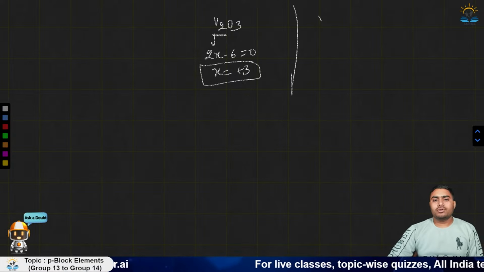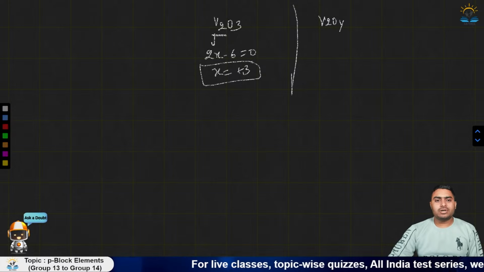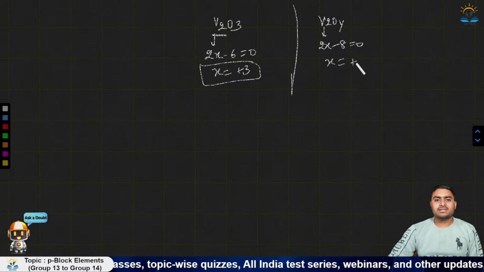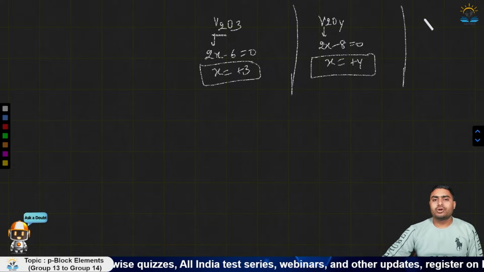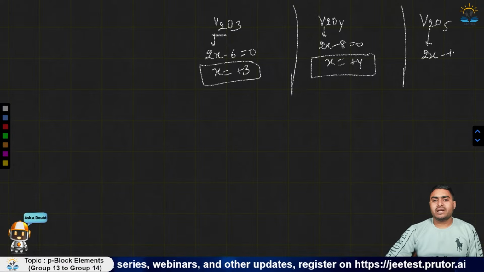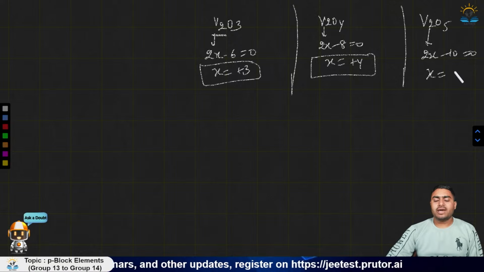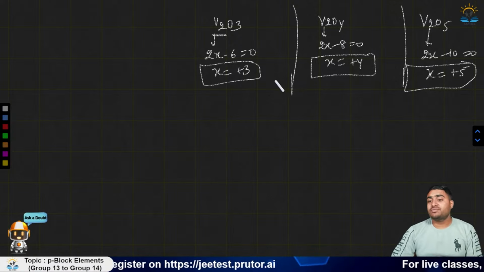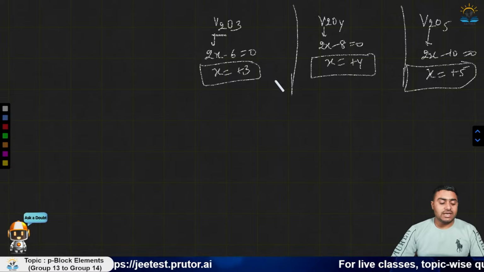For V2O4, 2X - 8 equal to 0, X comes out to be +4. For V2O5, 2X - 10 equal to 0, X comes out to be +5, right? So +3, +4, +5, that means the oxidation state increases.